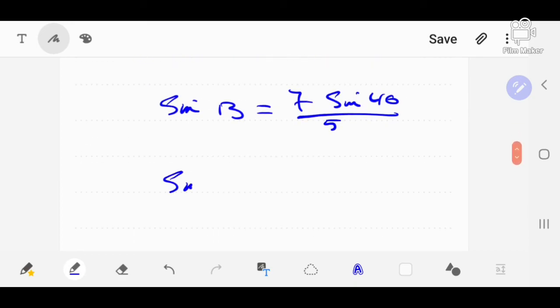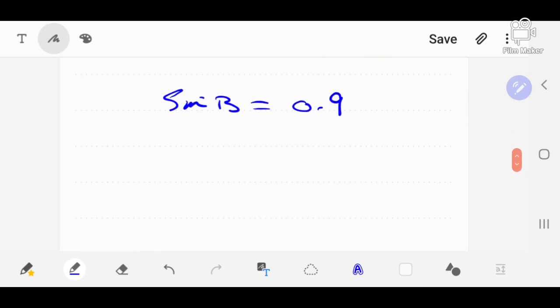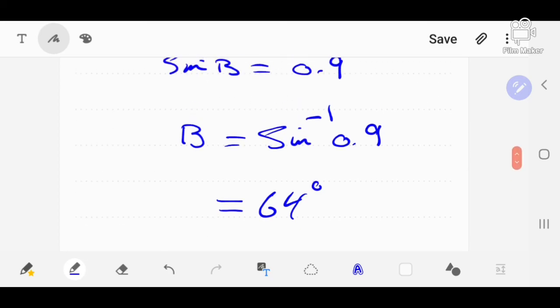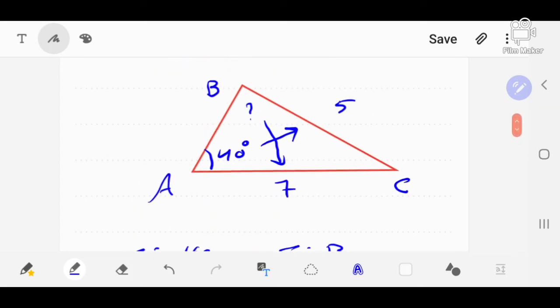So now to find B, B equals sine inverse of 0.9. By calculator, this is approximately 64 degrees. So now you have found angle B. So it's a simple operation to find angle C by the sum of angles of a triangle.